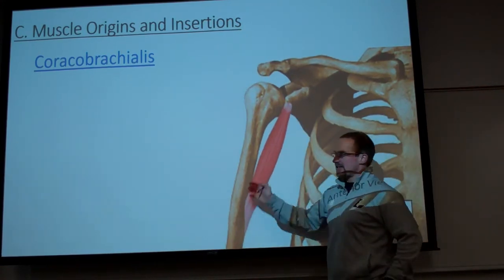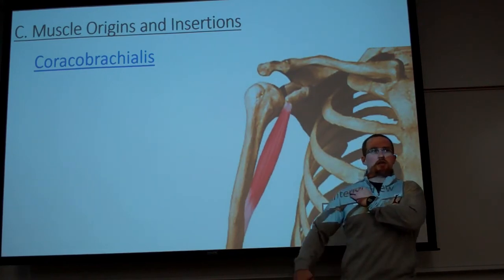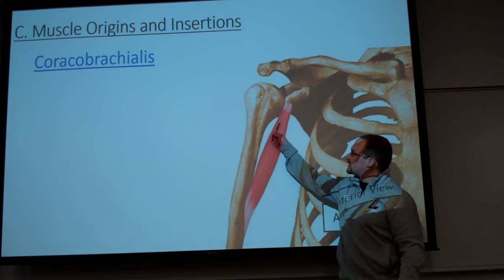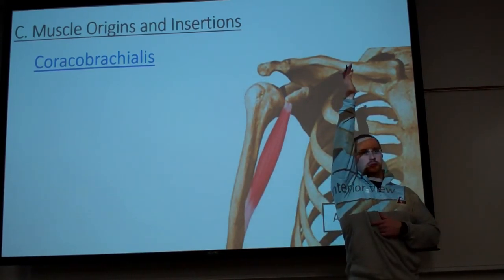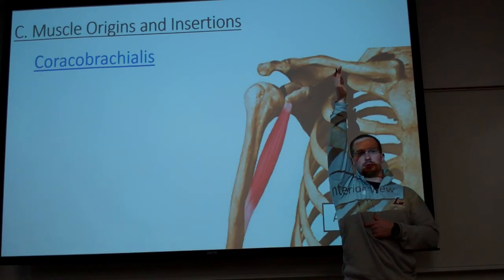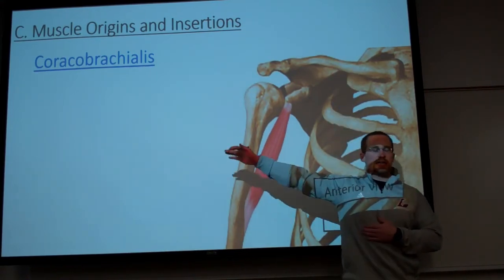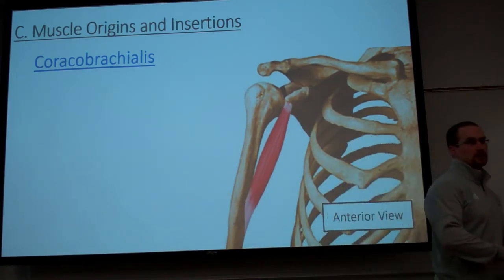Now, because it's on the inside, it's going to help bring the arm together to the side. So this is going to be adduction, adding it to the midline. In addition, since the fibers run up and down, it's also going to help with flexion, bringing that arm up. So flexion and adduction, adding it in.